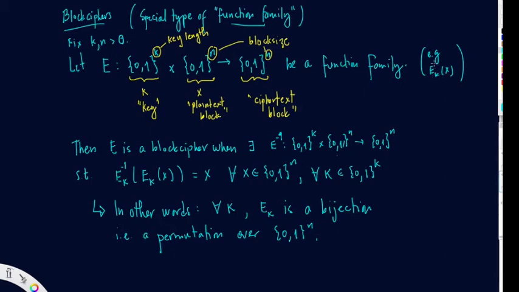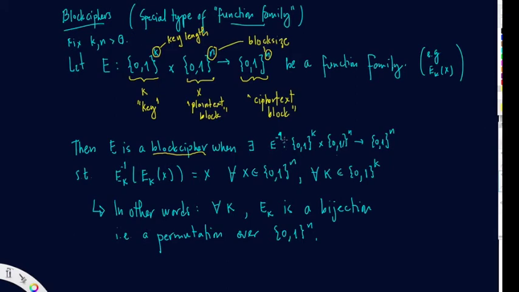E sub k is the mapping, and that mapping is typically going to be secret to anybody who doesn't hold the key k. So we've got this function family, and function families are block ciphers when there exists an inverse mapping.